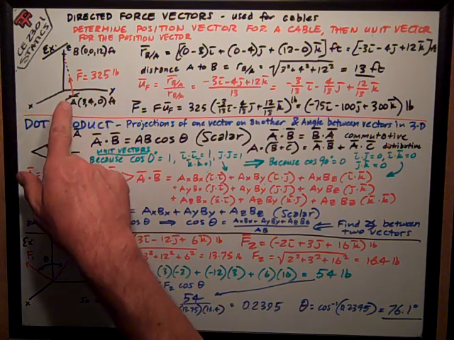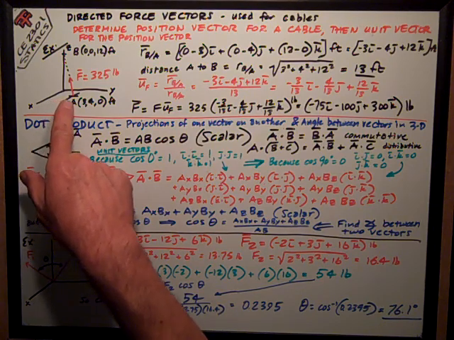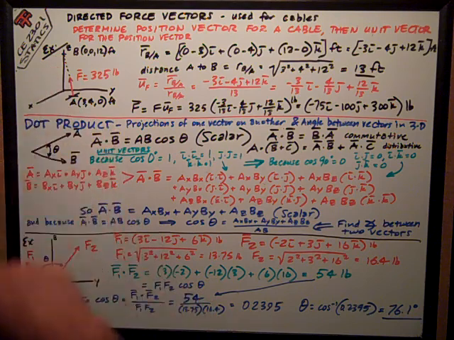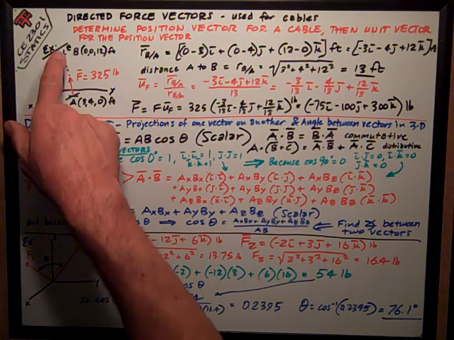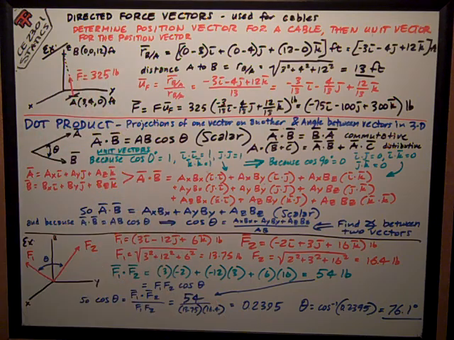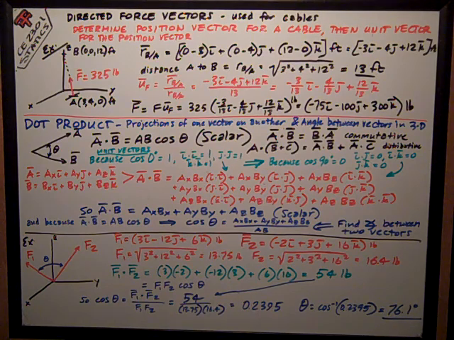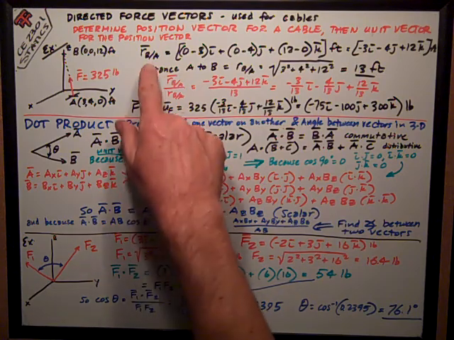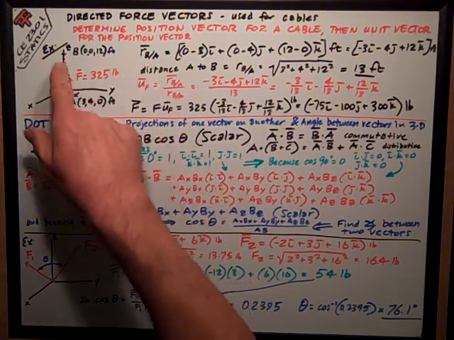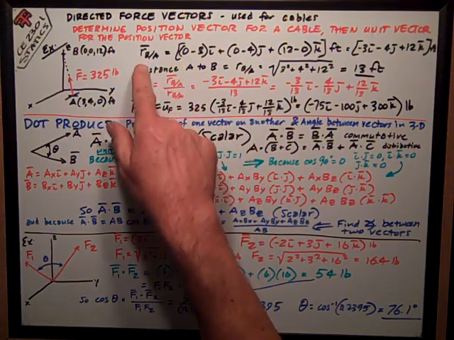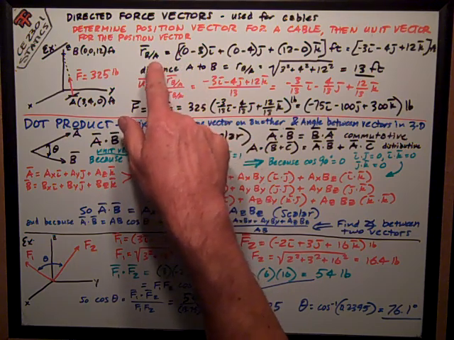If I have a cable secured at one end to point A, which is at coordinates 3, 4, and 0, and the other end of the cable is connected to this point B at 0, 0, 12, and I know that the force in the cable is 325 pounds, then I can draw up and show a position vector RBA, that's tip over tail, by just taking the coordinates of the tip and subtracting from it the coordinates of the tail.